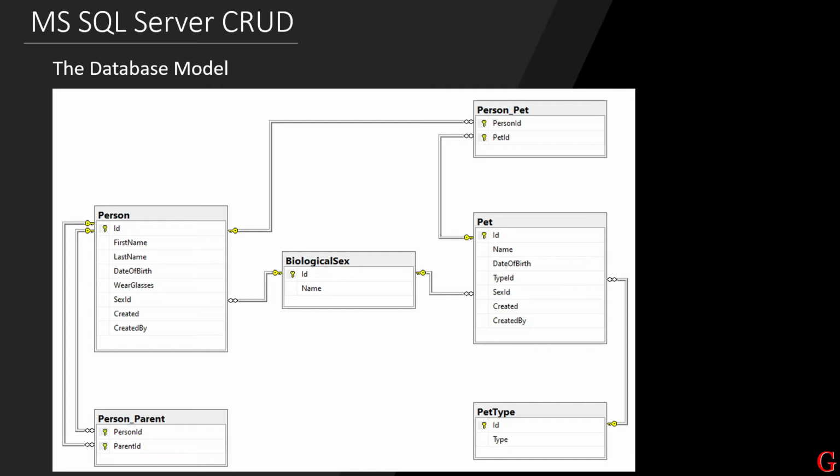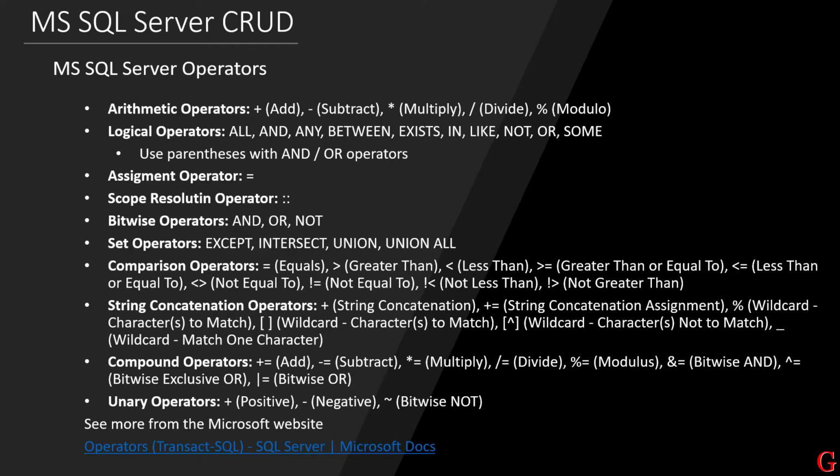In this video, we will use the database model that we created in the previous video. MS SQL Server supports a wide range of operators that are frequently used in SQL statements. Usually, SQL Server has the best computing power.